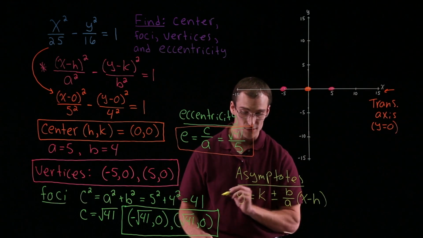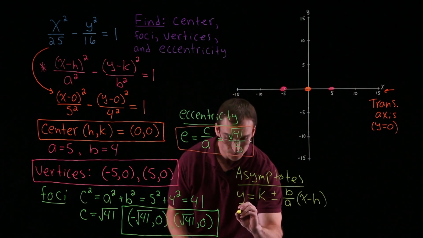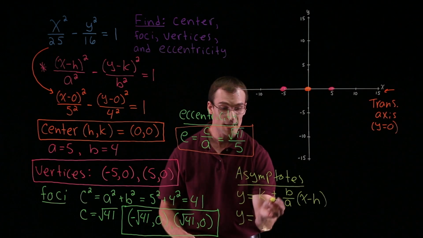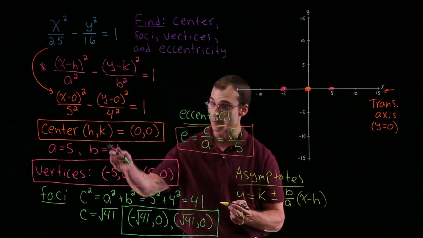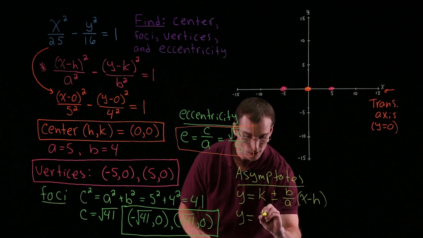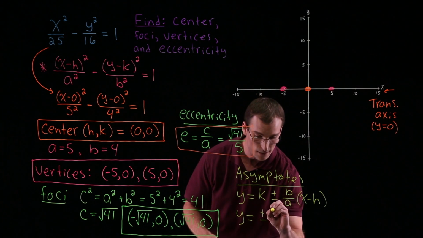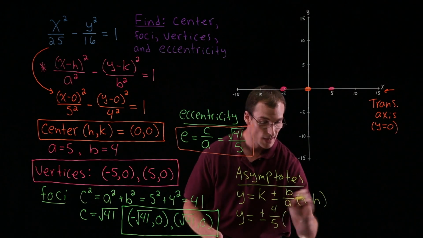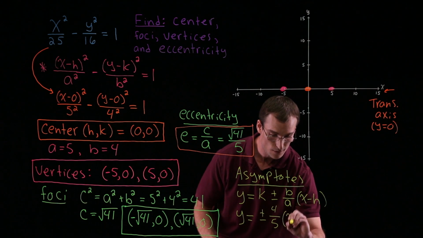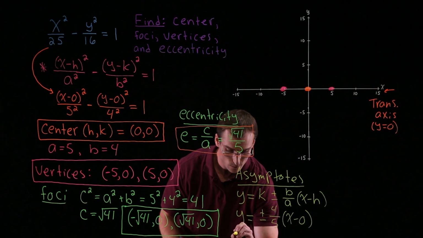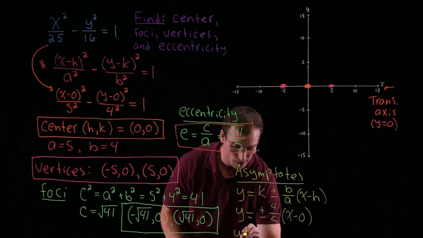So we actually have two lines here. Filling everything in, our k, going back to the center point, is just 0. So we have y equals plus or minus b over a, or 4 over 5, times x minus 0.